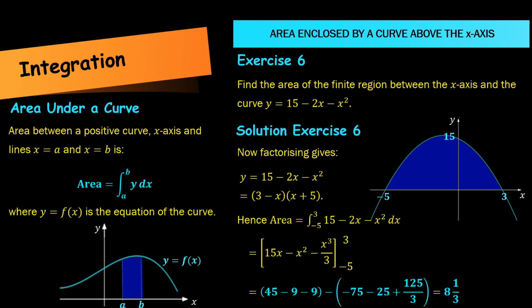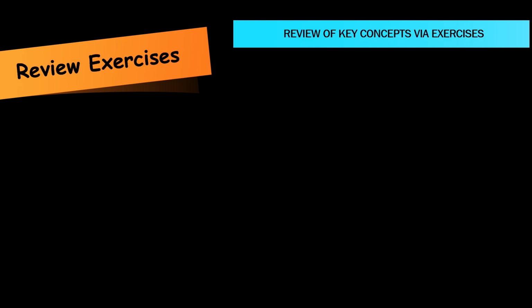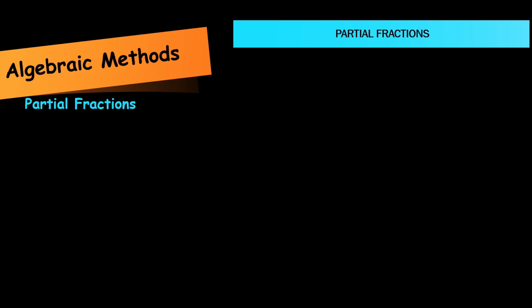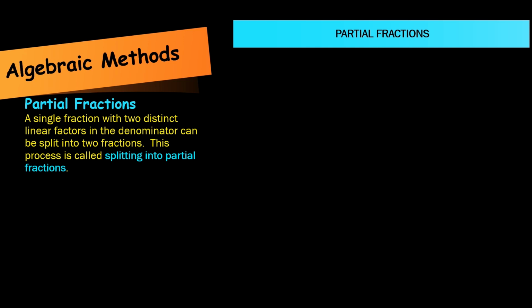Before moving on to the last exercise, we're going to look again at some theory. A single fraction with two distinct linear factors in the denominator can be split into two fractions. This process is called splitting into partial fractions.